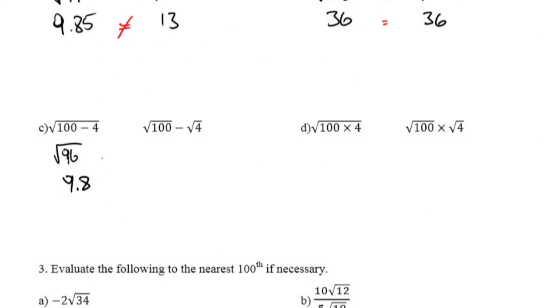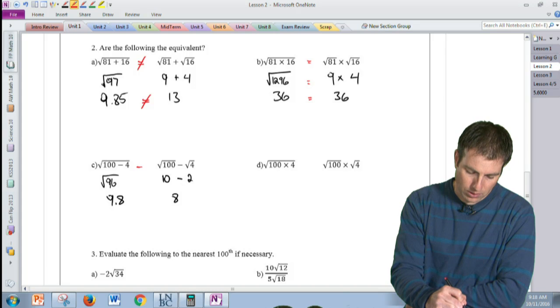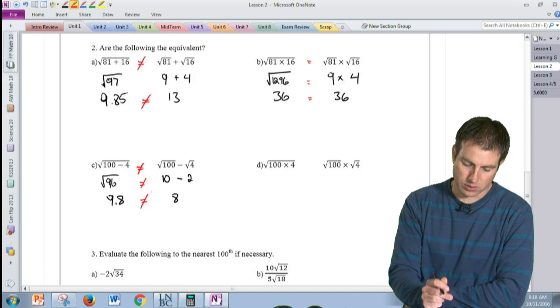All right. And then if we do them separately, the square root of 100 is 10. Then I'm going to subtract 2, which gives me 8. So these things, again, are not equal. Nowhere along the way are these things equivalent.